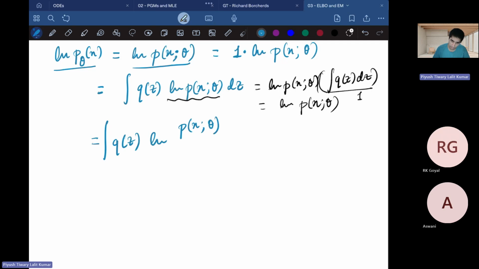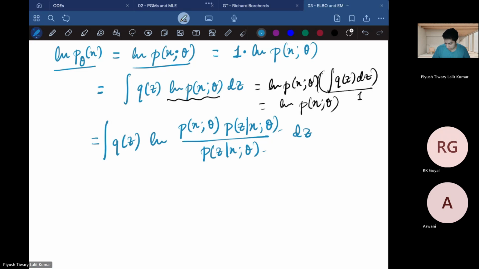I will multiply and divide by some quantity, which is p of z given x theta upon p of z given x theta, dz. So I have multiplied and divided by p of z given x, theta. You can think of p of z given x as a posterior distribution.